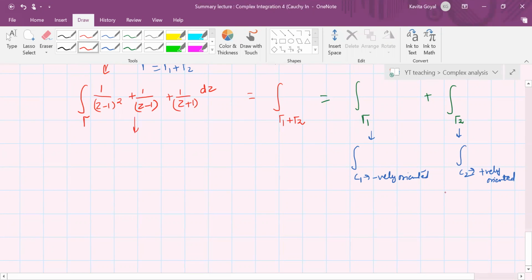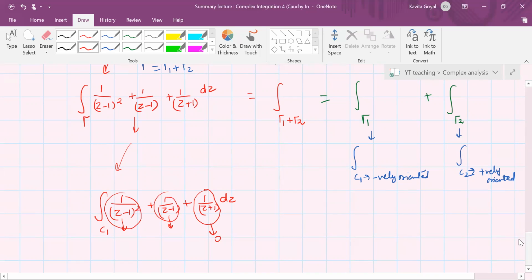Now you compute this integral along C1. C1 is a circle whose center is 1. So this part is analytic, so it will be 0, and this part will give you some value. And along C2, this part and this part will be 0 because C2 is a circle with center minus 1, and this part will give you 2 pi iota.